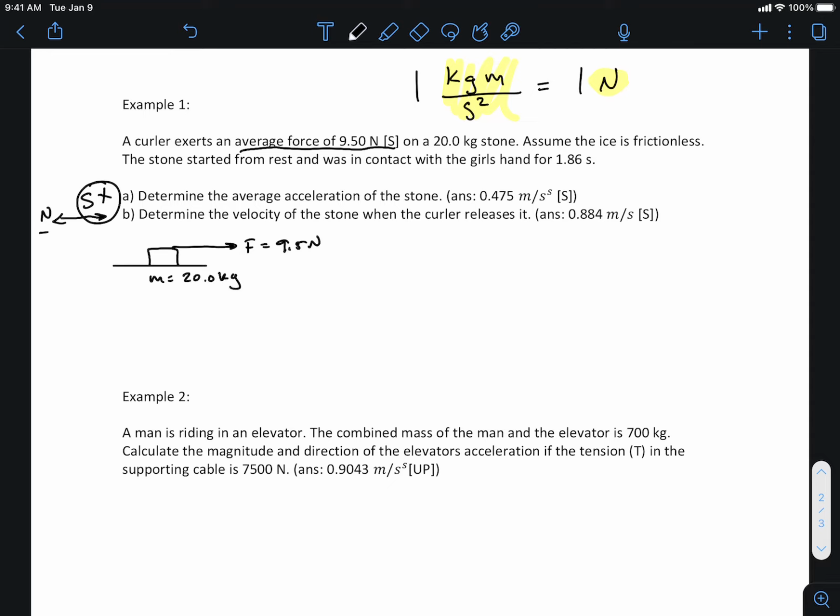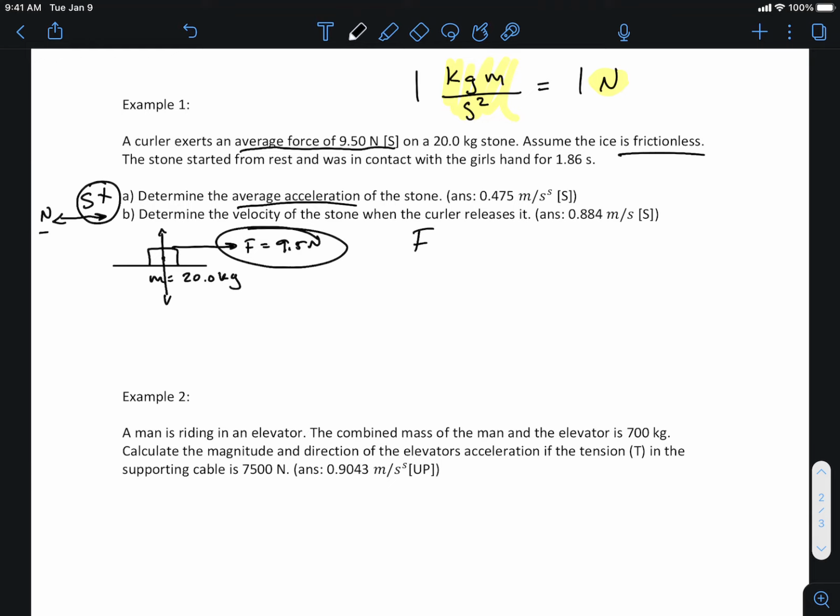Okay, so assume the ice is frictionless. So what's the first part? We want average acceleration. Okay, well, I have F net. The only force acting on this, it told me that it was frictionless, right? Aside from that, it's going to have its weight and it's also going to have Fn, but those two are going to cancel each other. And so really F net is only being affected by this force acting in the x direction.